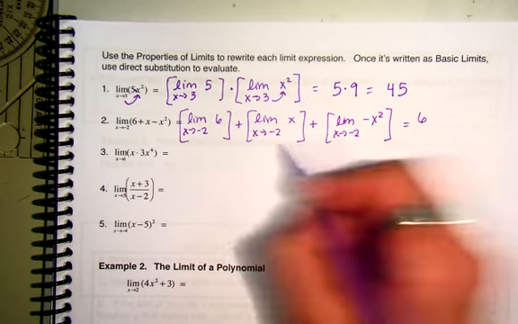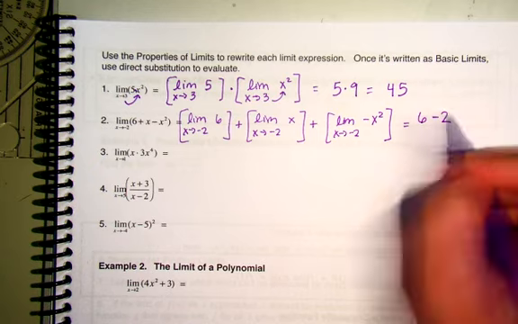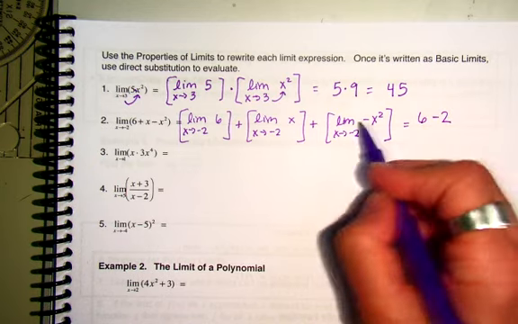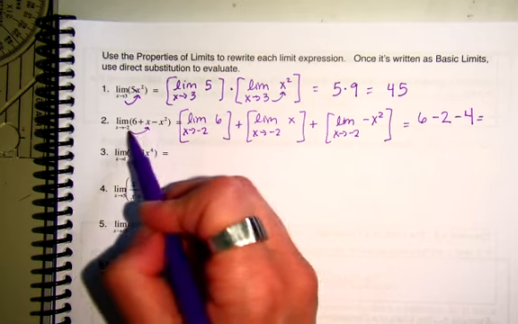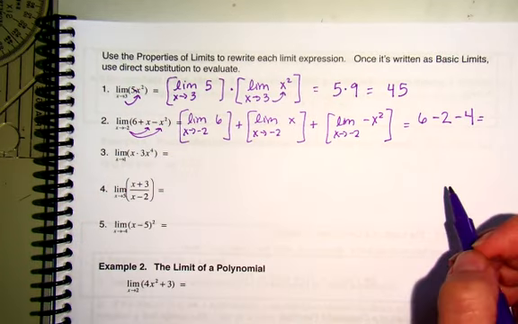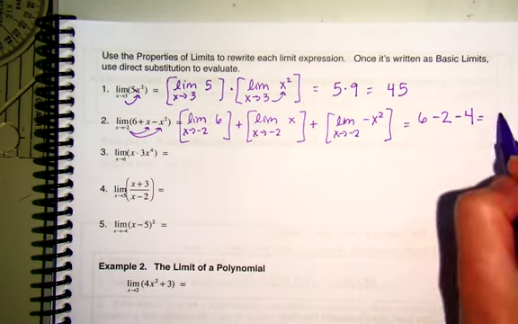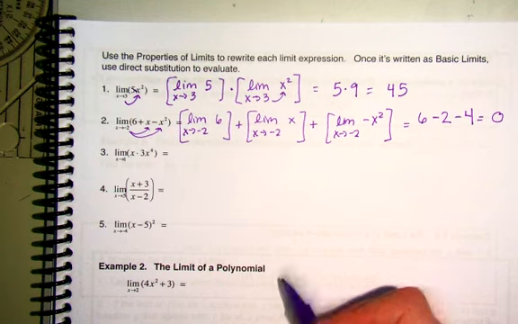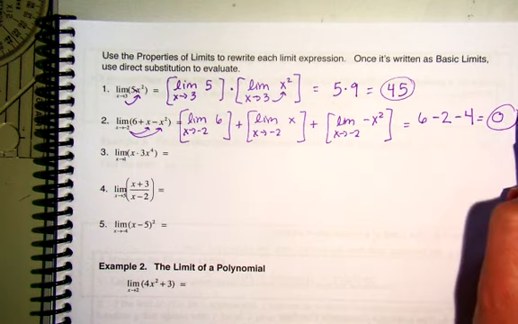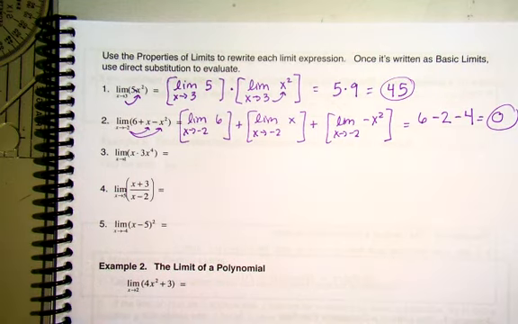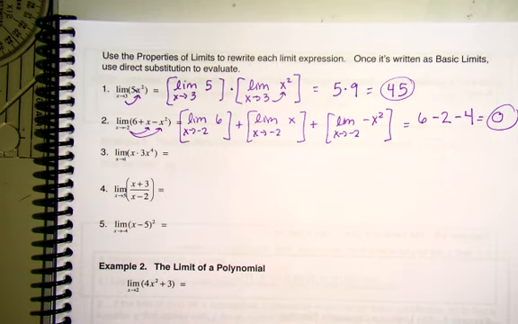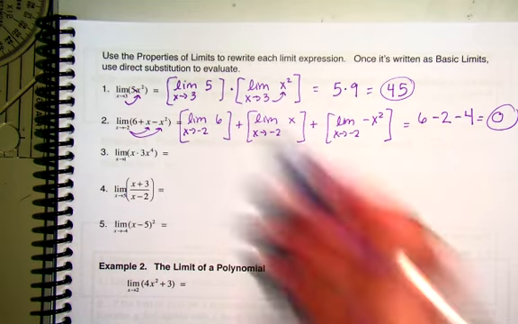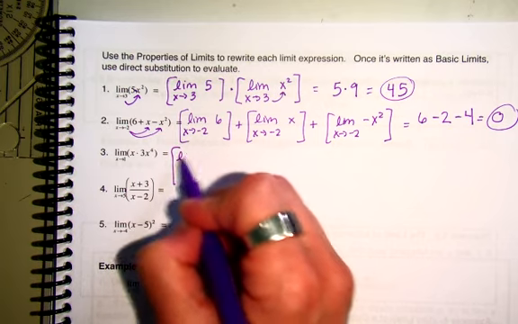When I plug in -2, it's -2. -2 squared is 4, so -4. And again, it's literally the same thing as directly substituting in for all of these. Okay, so you'll get 0 for the limit of that whole thing. You kind of see where this is coming from. As you go through and do these, you aren't going to have to do this every time, but for now, I do want you to see where the properties of limits come from.